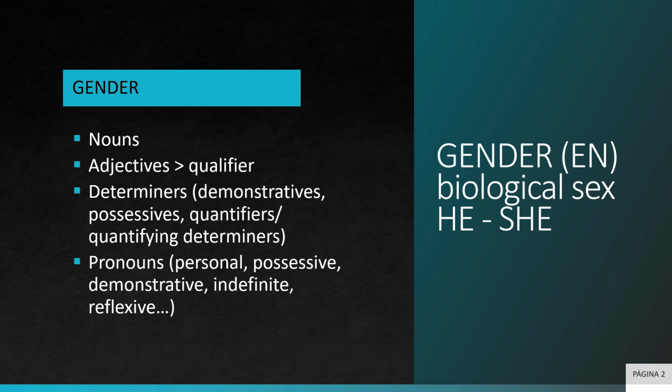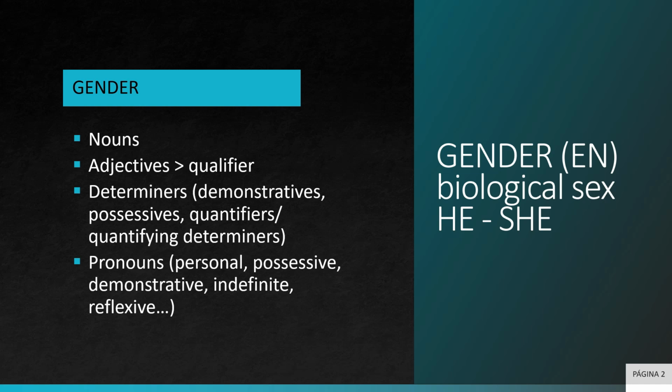In English, gender, either related to nouns, adjectives, determiners, or pronouns, is always associated to biological sex. What does this mean? That is, a noun is male or female gendered, depending whether this particular noun, adjective, determiner, or pronoun is defined in relation to he or she pronouns.